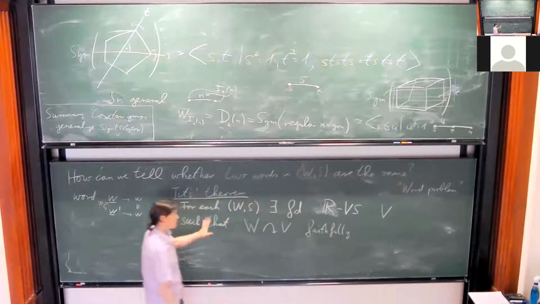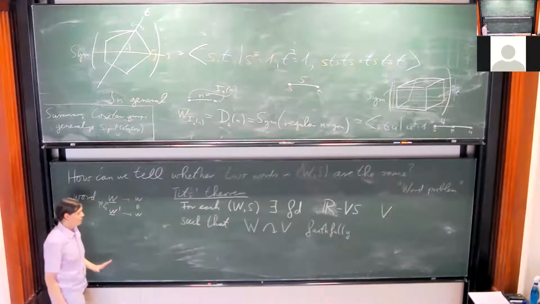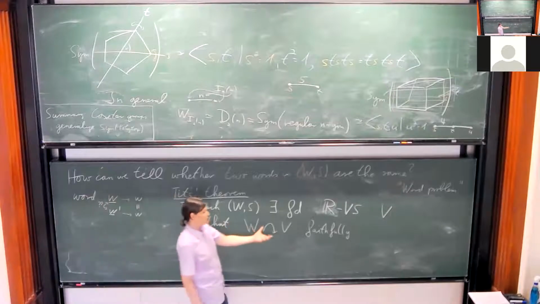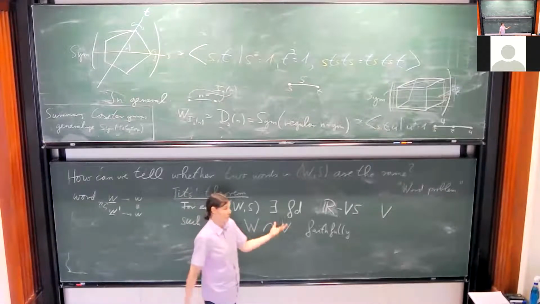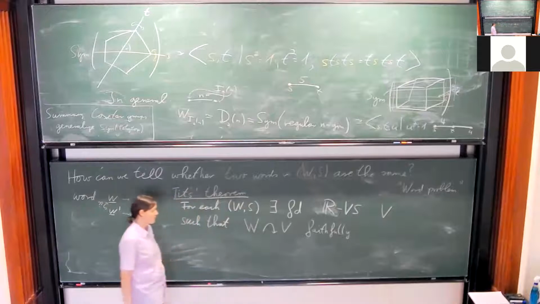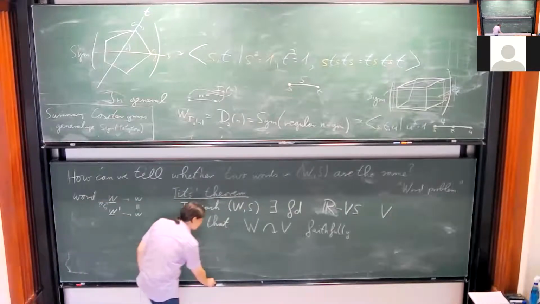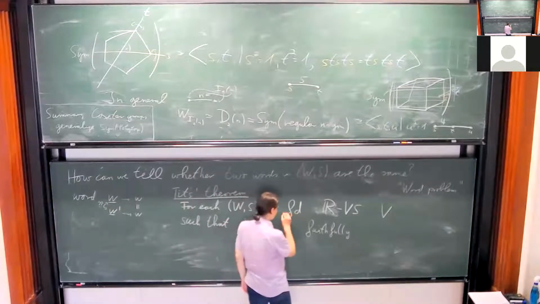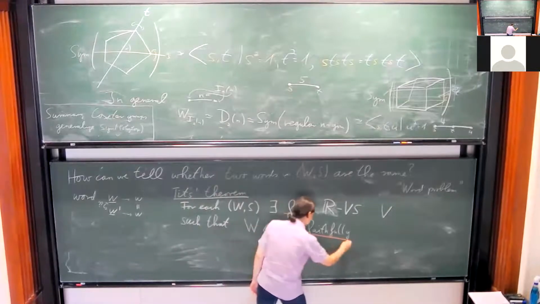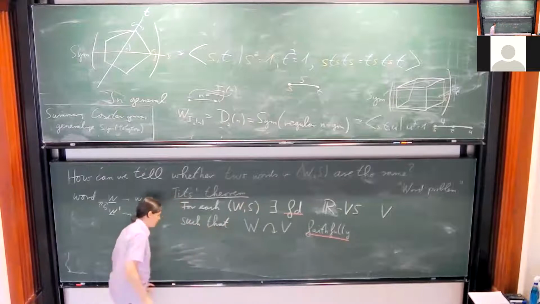Okay. What does this mean? Groups can act on sets or on vector spaces. So far, so good. What does faithfully mean? Faithfully means just the following. If I take these two words together, finite dimensional and faithfully, then this means the following.